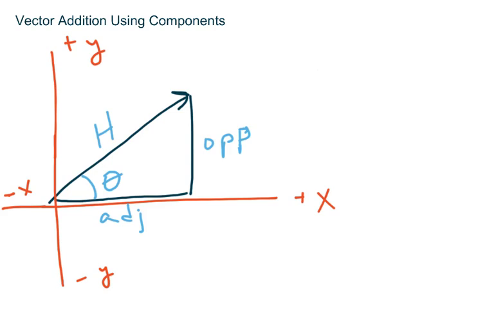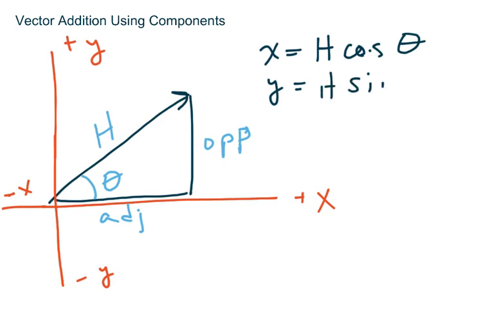So that means if we are trying to find our x and y components of this resultant vector, the x component will be equal to the hypotenuse times cosine theta. And if you just use the definition for how you find cosine of an angle in the first place, and then rearrange it, that's how you get this particular expression. And then y is going to be equal to hypotenuse times sine of theta.